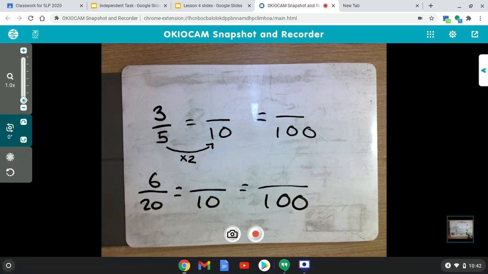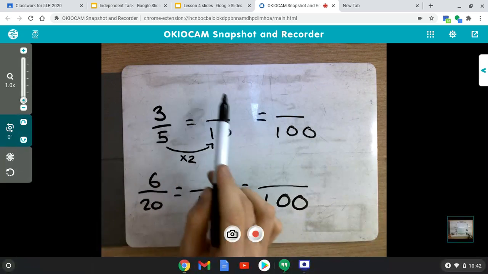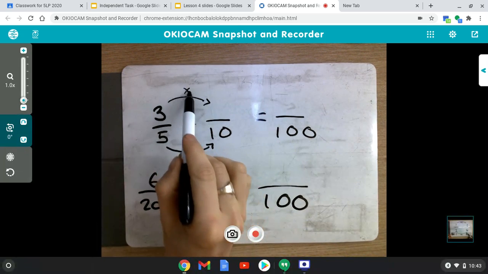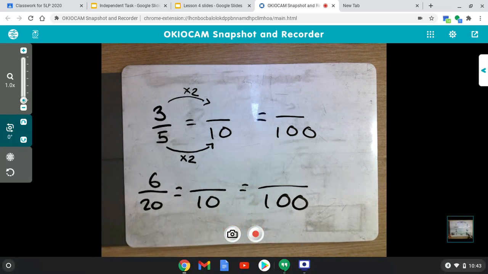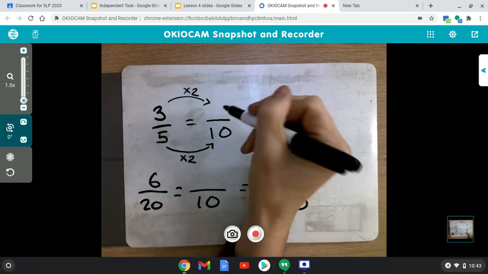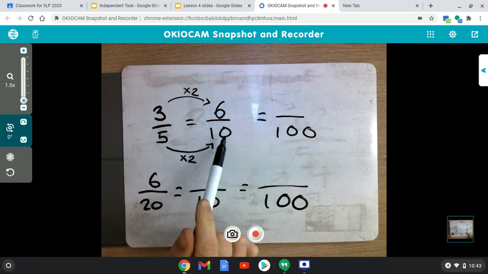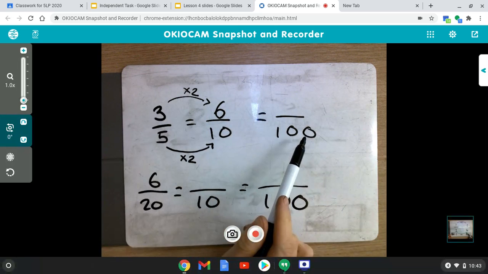So remembering, whatever I do to the bottom, I must do to the top. So I'm going to multiply this by 2 as well. How many tenths am I going to get? Well done if you worked out the answer is 6 tenths. Well done. Now, how could I express that as a number of hundredths?